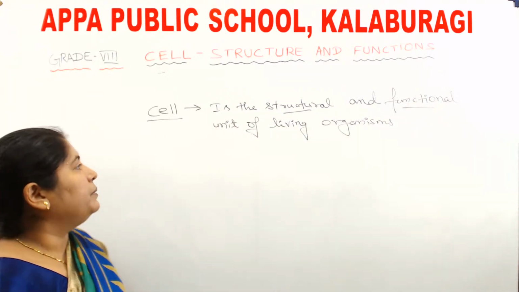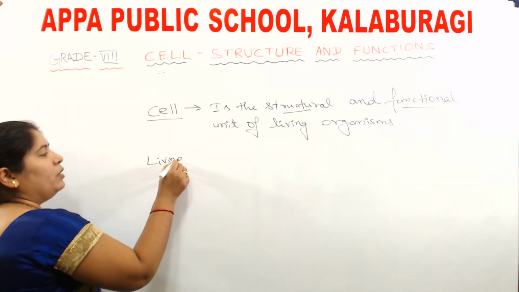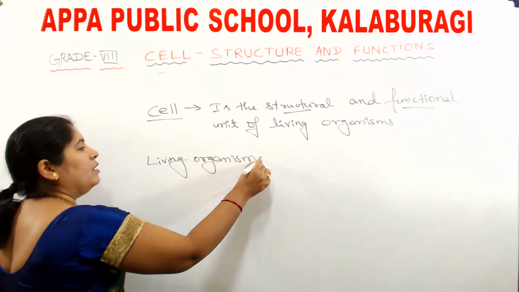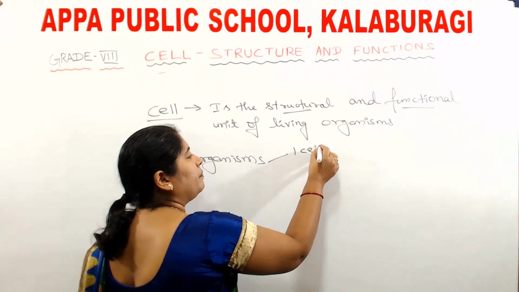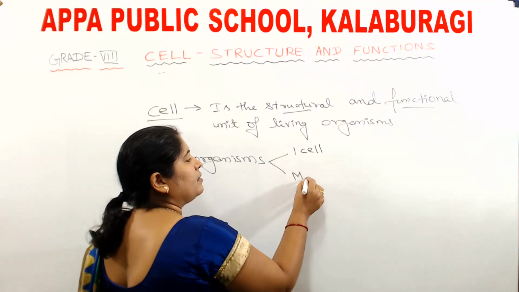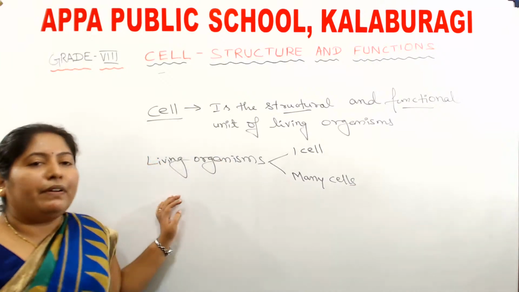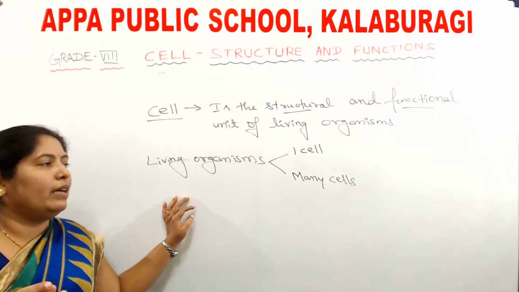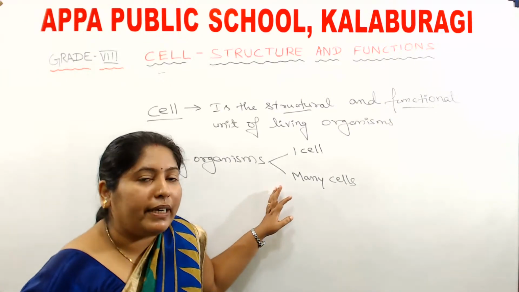So next part, whether all the living organisms are made up of only one cell or many cells. We all know that because in our previous standards we have studied about that.